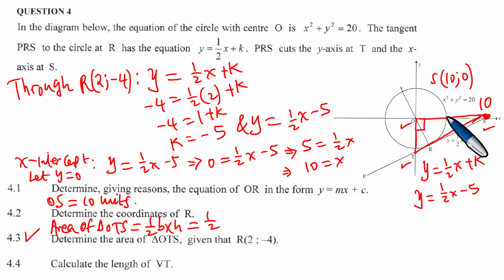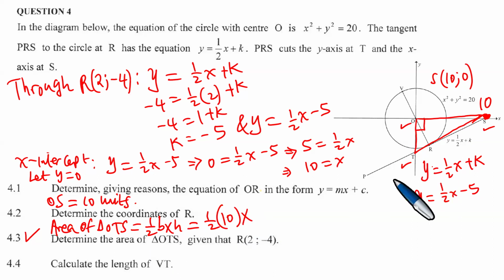We can take the base to be this one here, which is exactly 10, multiplied by the height. What is the height? You take the base as this one, the height is going to be up to OT. Now, what are the coordinates of T?